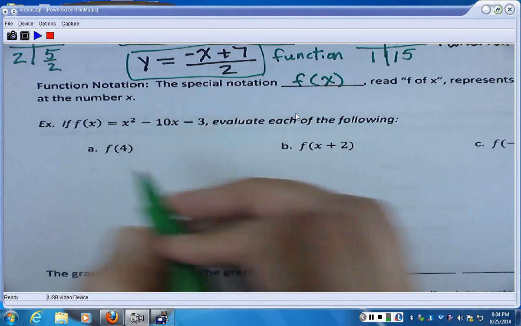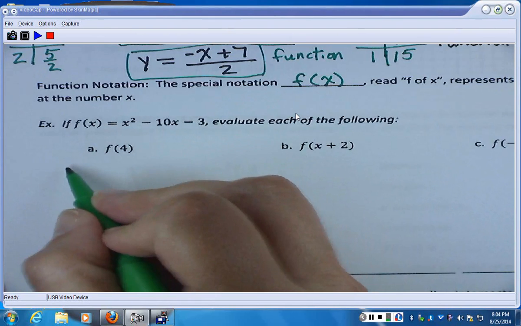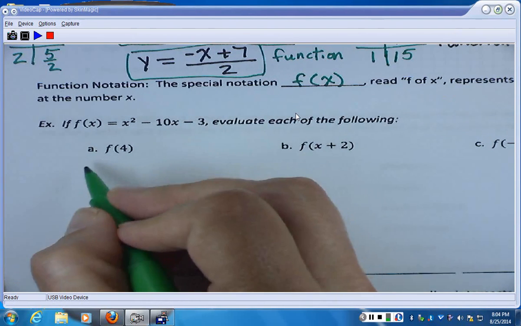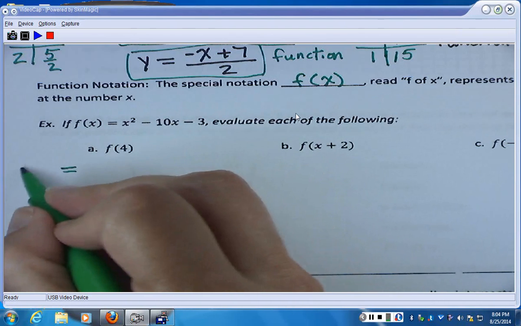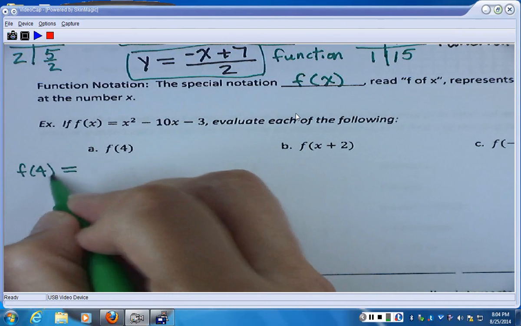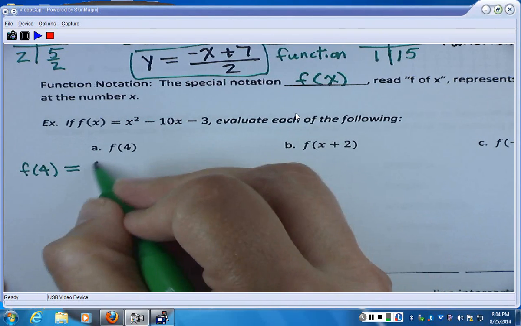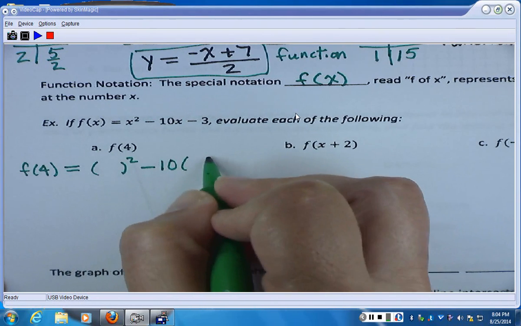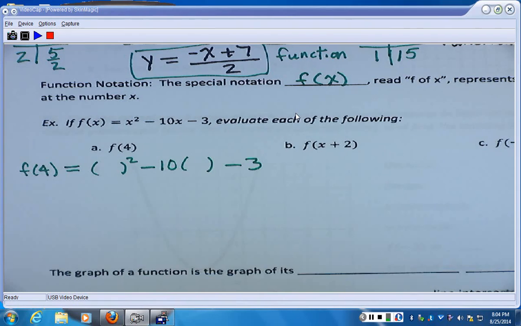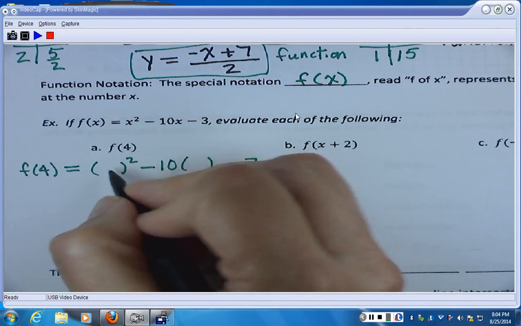What you do, and of course it's easy when it's a little positive number like this, is everywhere you have an x, you're going to put parentheses, and then you fill in what x is, 4.